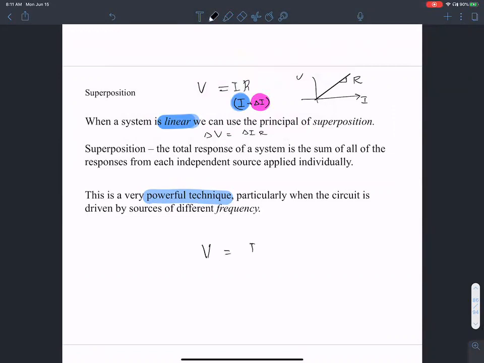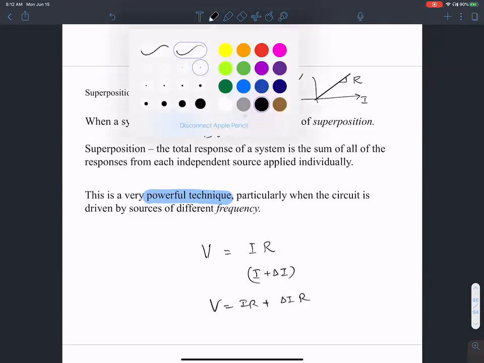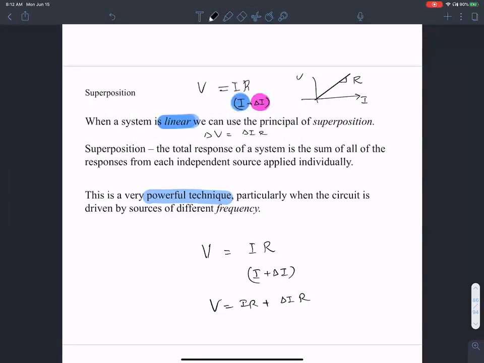Okay, so the voltage is I times R. If the input were to change by a small amount, delta I, the output is going to be V is IR plus delta I times R. Okay, so the V new, if the input changes, I new changes.